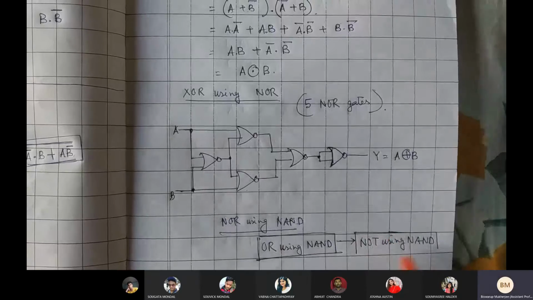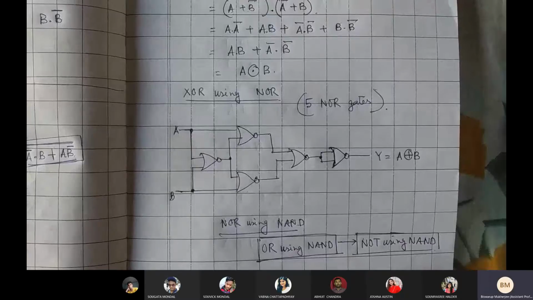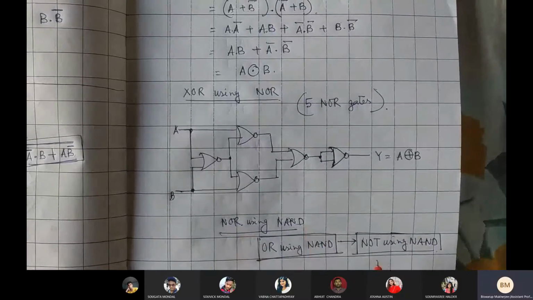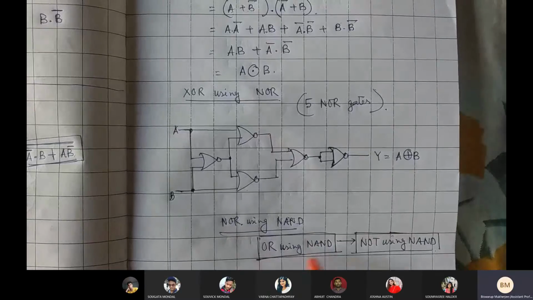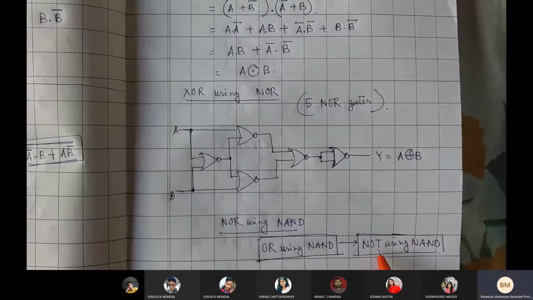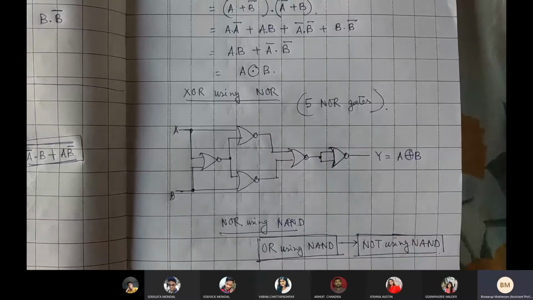So this will provide you NOR using NAND. Similarly, NAND using NOR: make an AND gate using NOR, followed by NOT using NOR, right? So that is also possible.